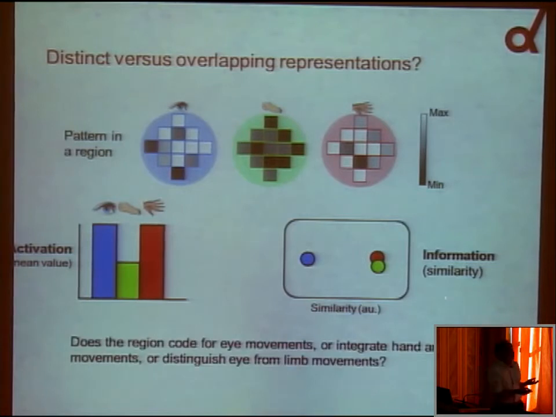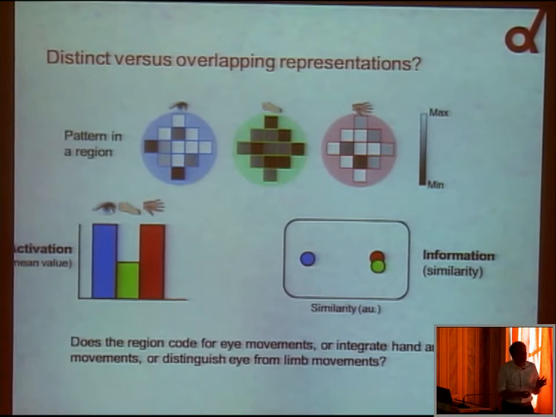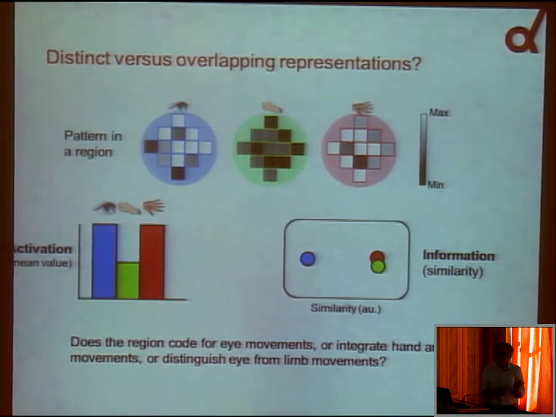Would you say, well, this is a region that codes for eye movements? Would you say, well, this is a region that integrates hand and foot movements? Or would you say, well, this is a region that distinguishes eye from limb movements? So these are all the options that you could argue based on seeing this. So what we thought is we really need to combine the activation information with the similarity information.